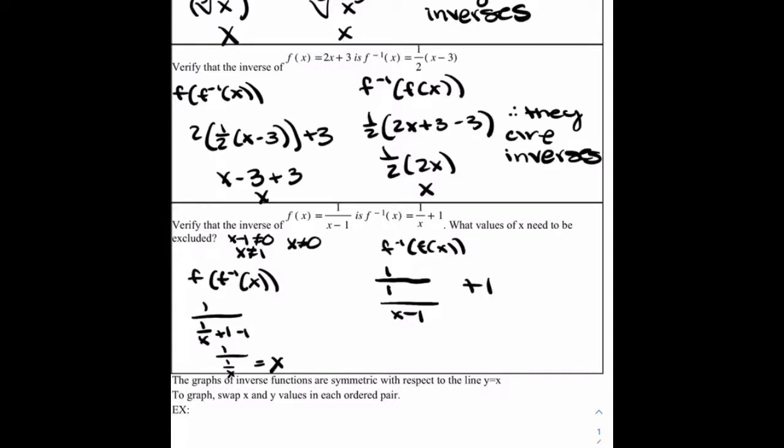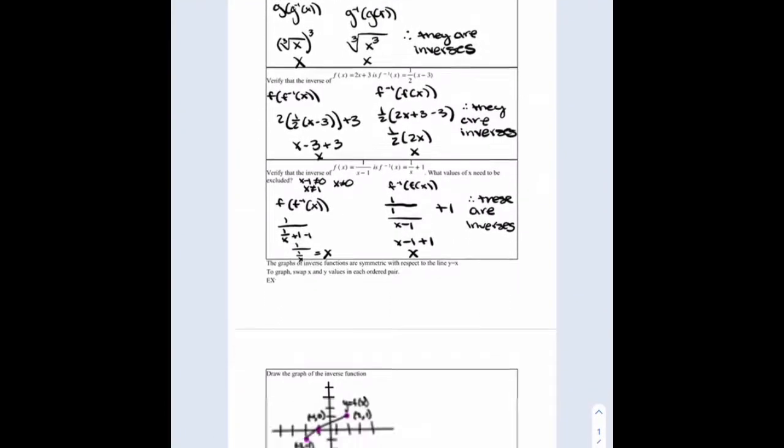We can multiply by the reciprocal, so 1 times x minus 1, which just equals x minus 1, plus 1, which just equals x. So again, therefore, these are inverses, because we ended up with x at the end.